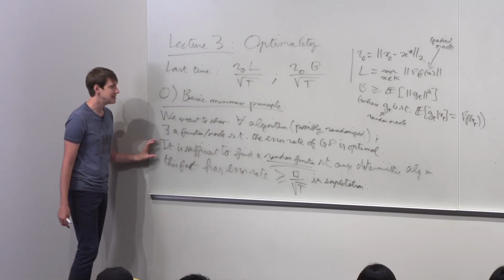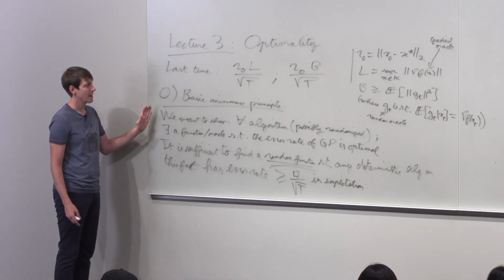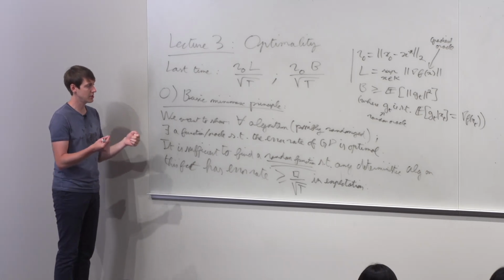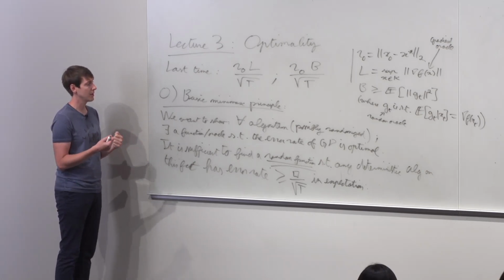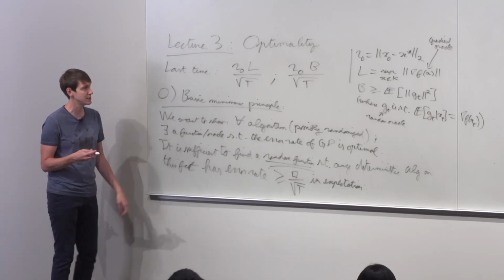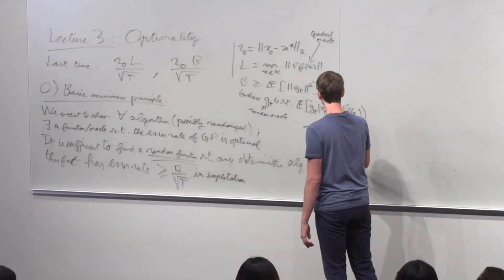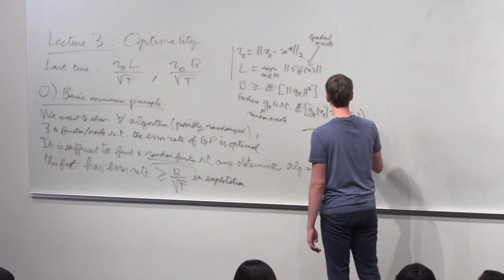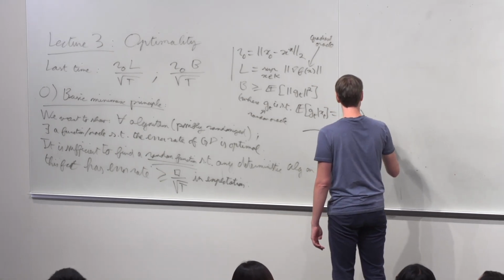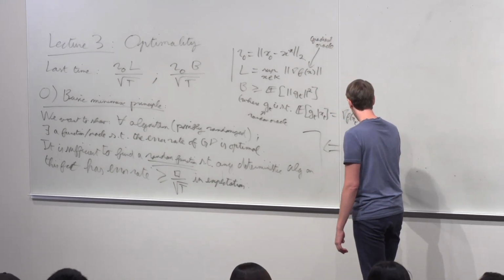And the fact that this is sufficient is the basic, trivial side of the Minimax principle. This is implied by the fact that min max is always bigger than max min.